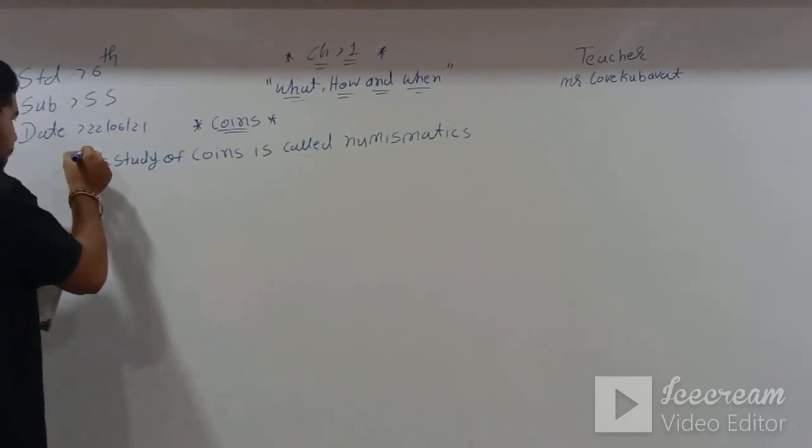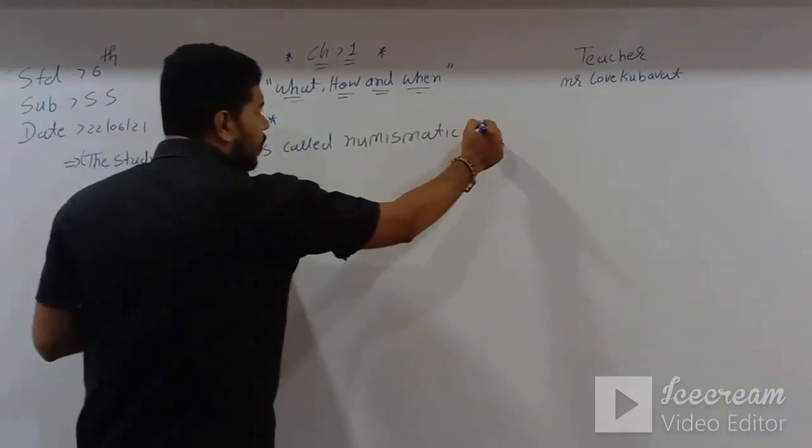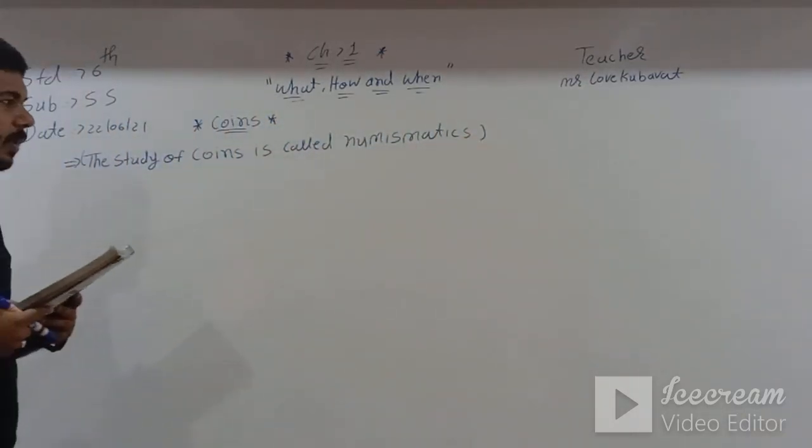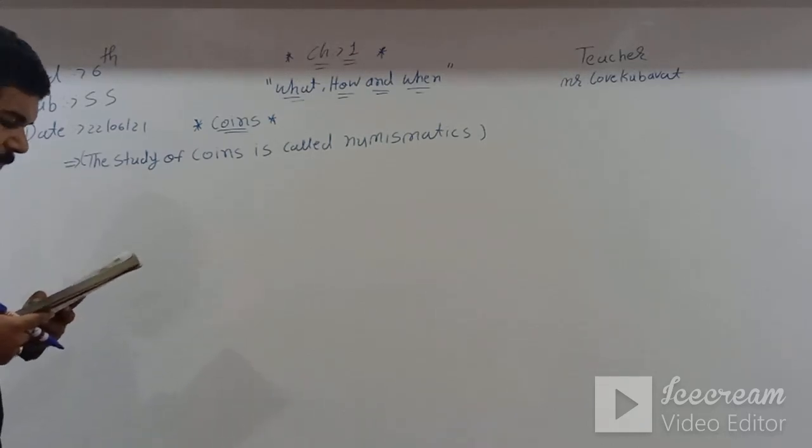Also important, this line. That's why underline it in your book. The study of coins is called numismatics.